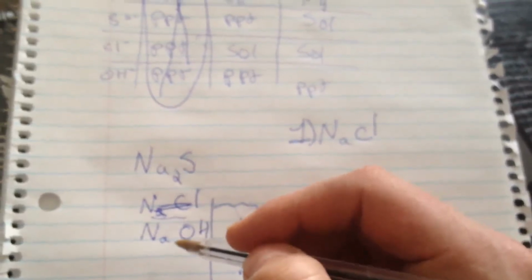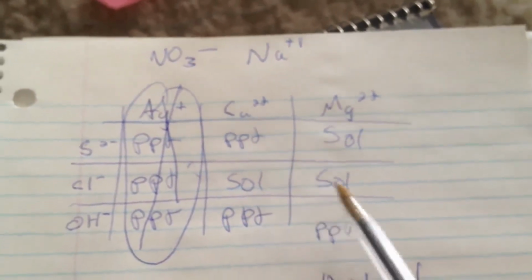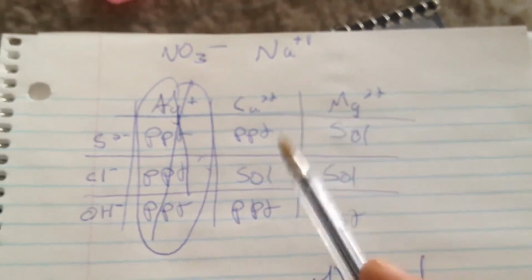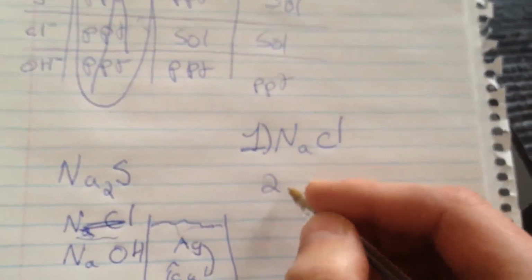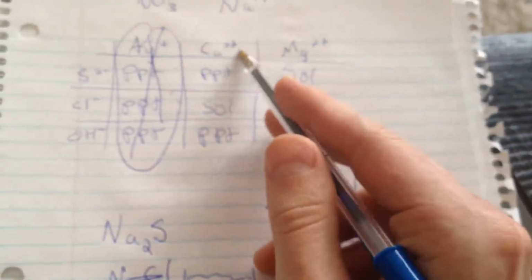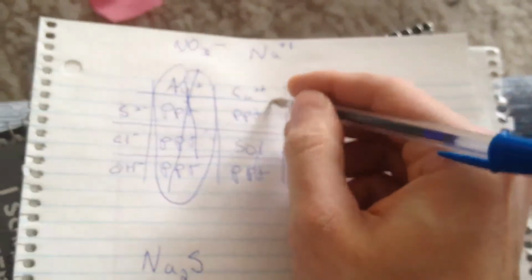Now if I look between the two that I have left, I have sodium sulfide and sodium hydroxide. If I add the hydroxide, I'm going to get both a copper and a magnesium precipitate, which I don't want. I only want one precipitate at a time. So if I add the sodium sulfide, I'm only going to get a precipitate with the copper. So the second one to go in would be my Na2S, and that's going to take care of just the copper ions.